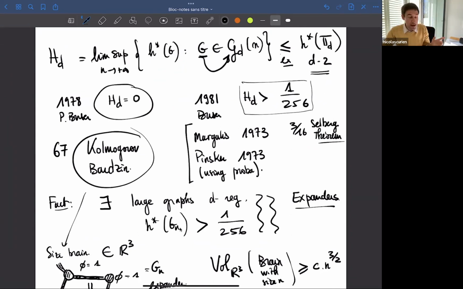So it's one of the only instances that I know where the probabilistic method enters for the upper bound and for the lower bound. But you see that the randomness is not located in the same place. It is on the graph for the lower bound and on the subset for the upper bound. Does it answer your question?